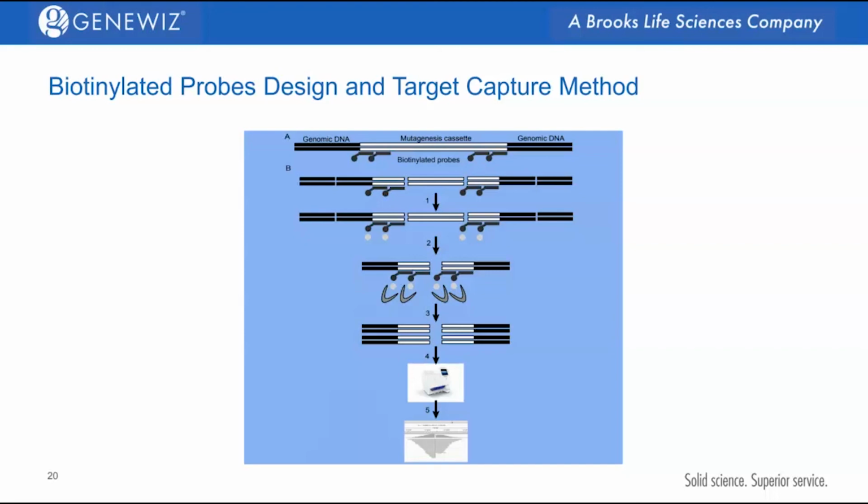And then you use these biotinylated probes to pull down or enrich only those reads that have part of your mutagenesis cassette in white and also have part of the genome. And you don't pull down those regions in your sequencing libraries that don't have part of your mutagenesis cassette.